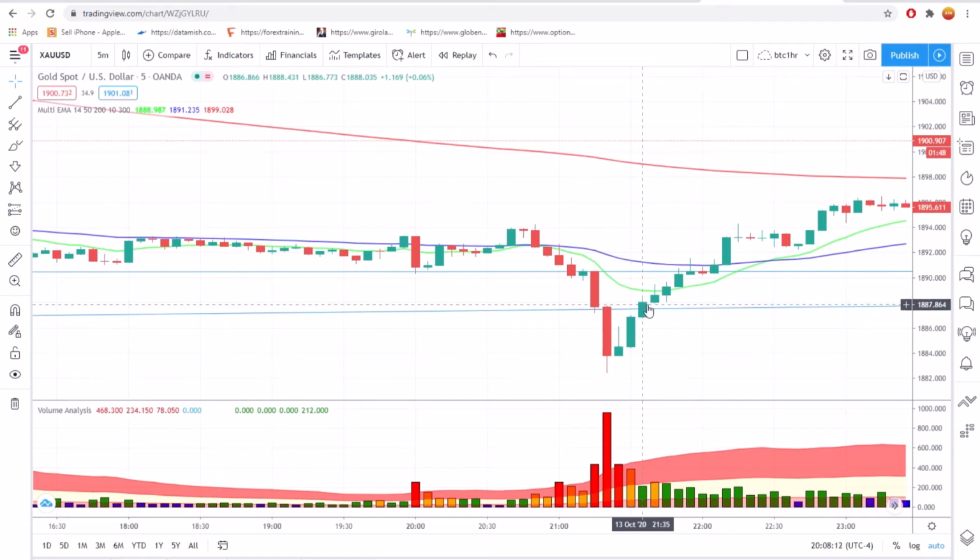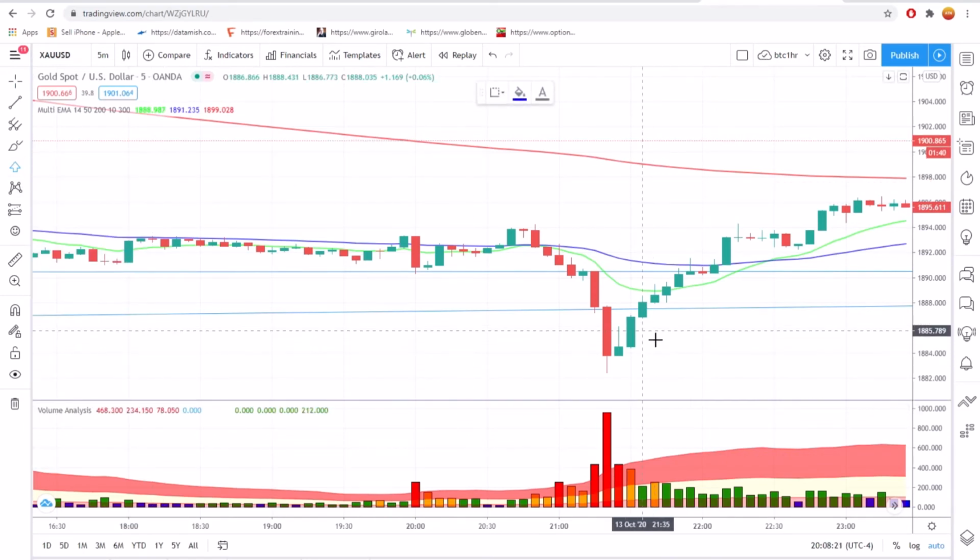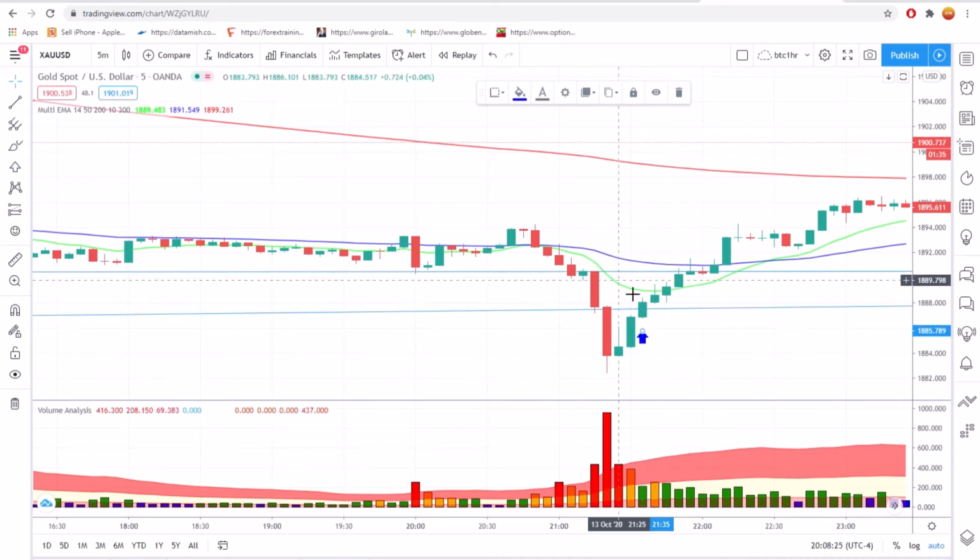So we look, we see, we have a no supply zone right here. We have a no supply zone right there. Now, for me to enter this trade on a risky move, it would have to hit the 14 EMA, and I would need to see what price is going to do.